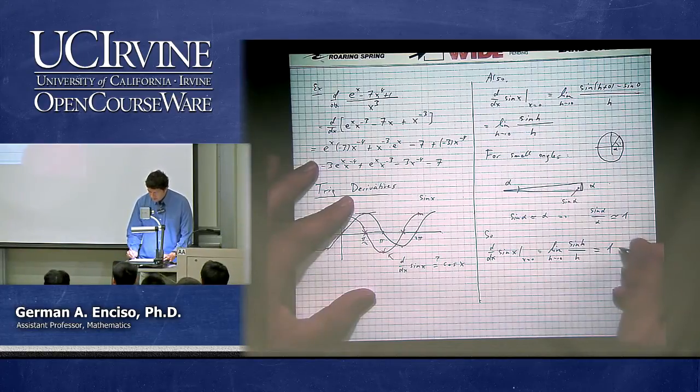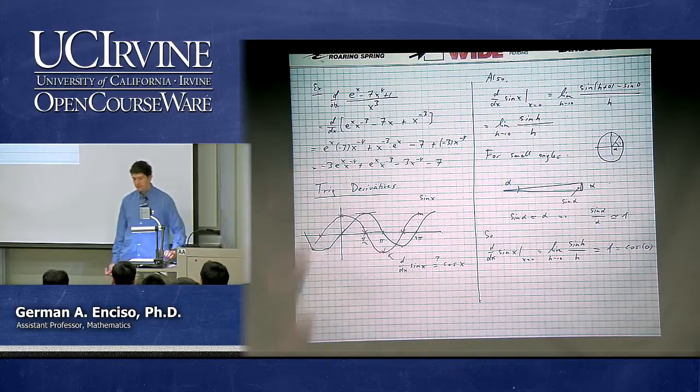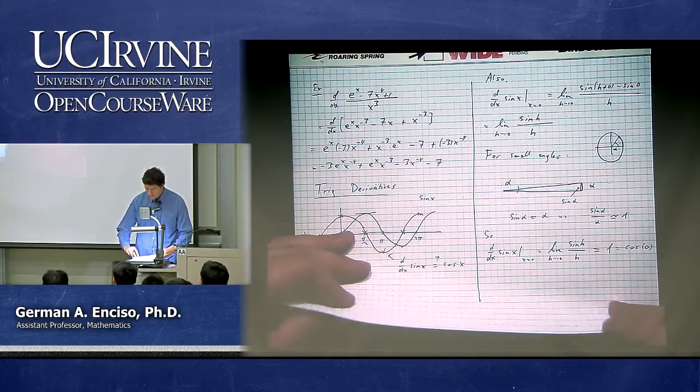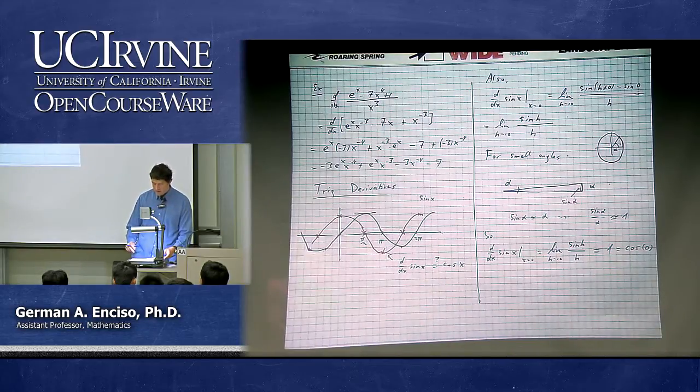Which is conveniently the cosine of 0. Okay, so that should be another further evidence that the derivative of sine is cosine.